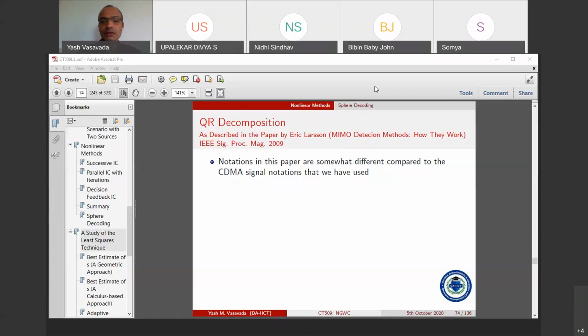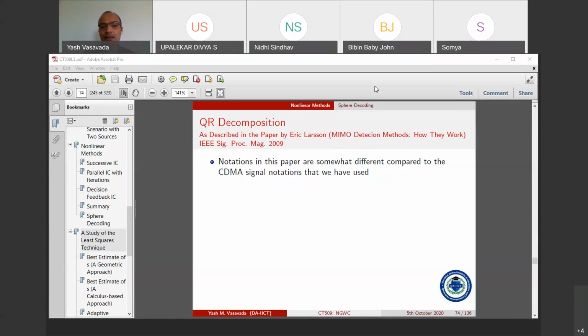The 3 linear algorithms are SUMF, the zero forcing decorrelating detector, and MMSE. The other 3 are non-linear: the SIC, the multi-stage, and the decision feedback.